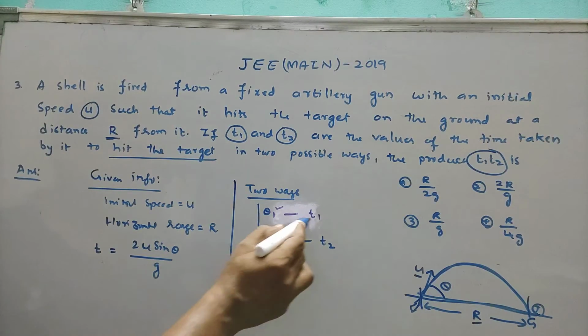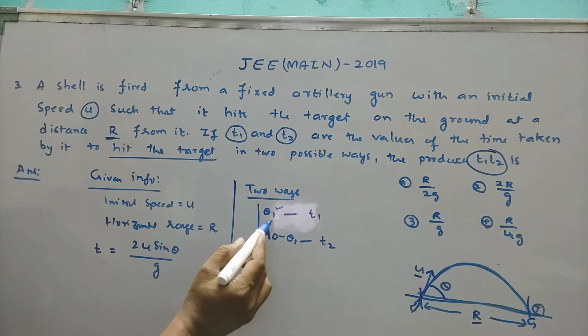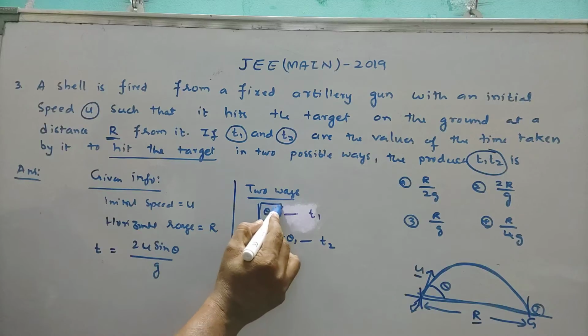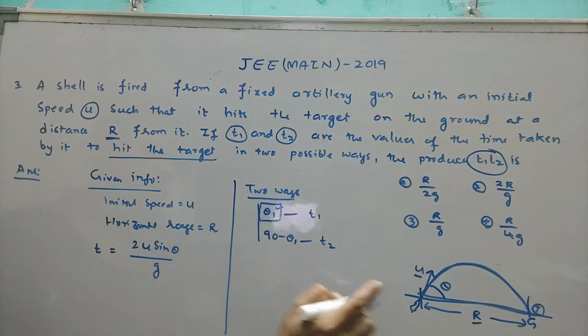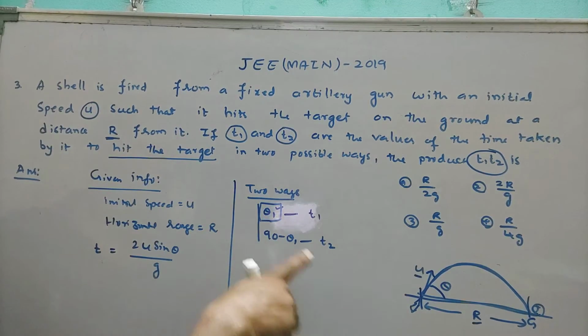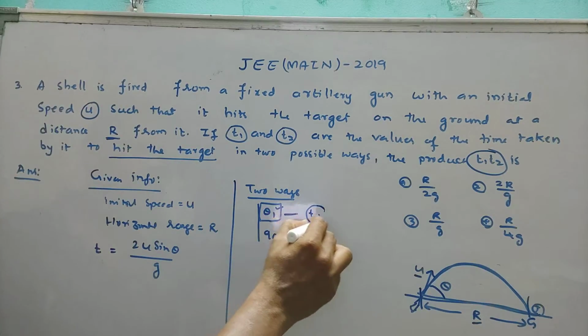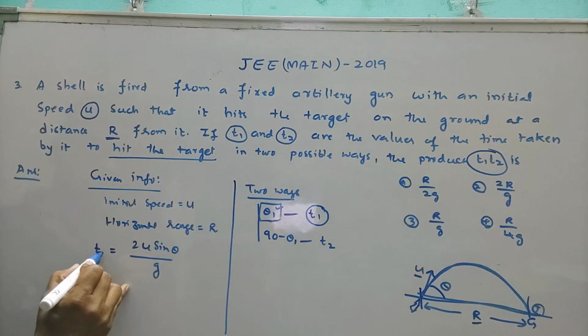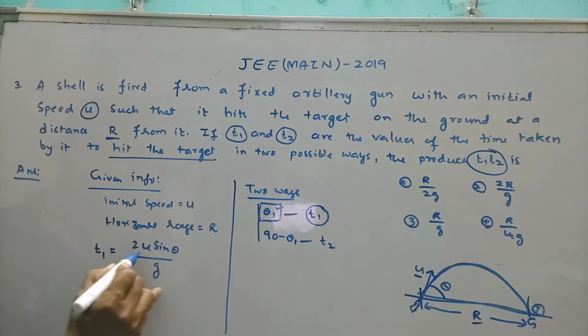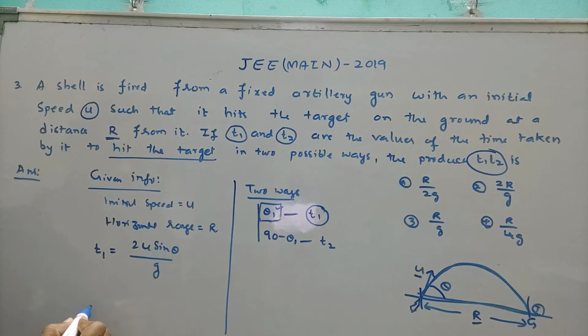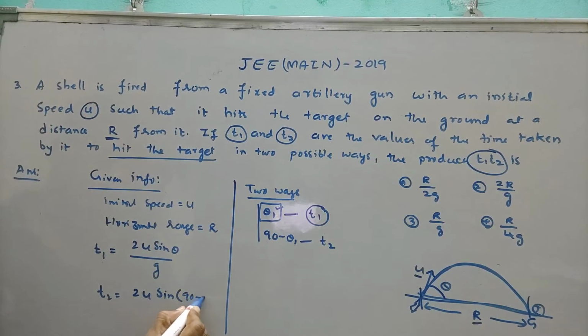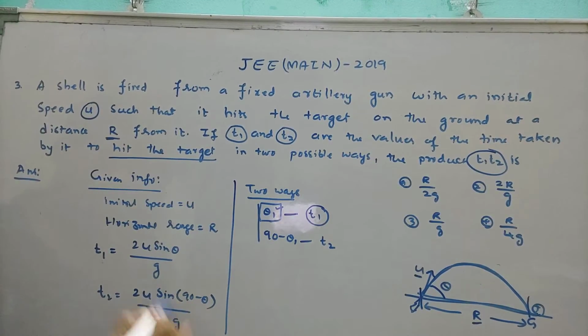So for the first case, if the projectile makes an angle theta 1 with the horizontal, the time taken is t1, equal to 2u sin theta by g. For t2, the projectile makes 90 minus theta with the ground, so 2u sin of 90 minus theta by g.